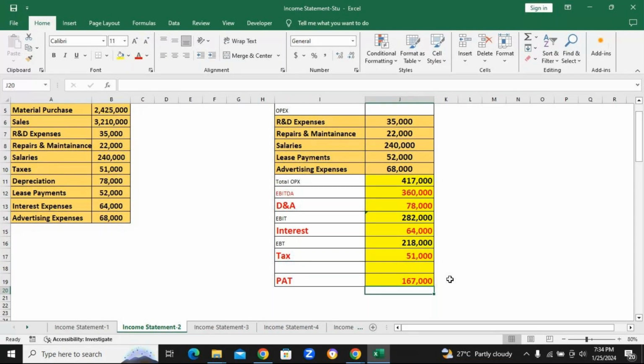I wanted you people to solve this and try with income statement 4. I hope everybody is from a commerce background, so it will be easy for you to solve this. If anybody is from other streams, initially some people told me they are from a non-accounting background.